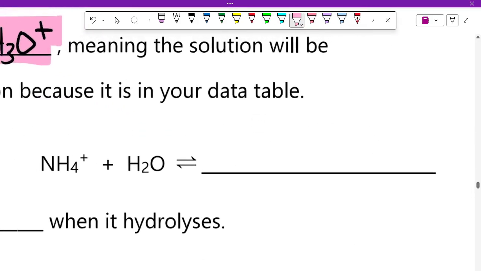Could you please write the hydrolysis equation for ammonium?